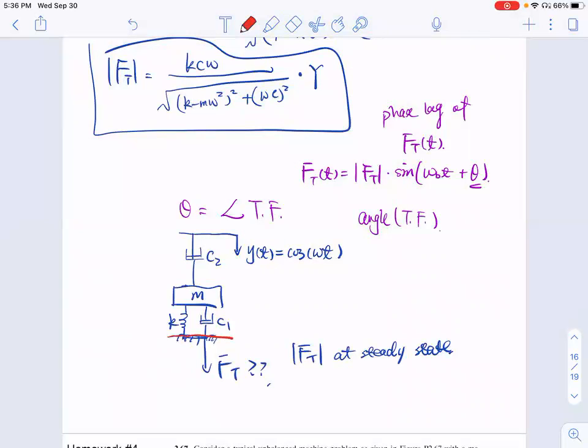How much force is experienced by the ground is determined by what components are connected to the ground. You have spring, you have damper. So that means in this case, your F(t) is going to be, let's name it x, kx plus C1 x dot. That makes sense, because the ground force has both the spring force and also the damper force.